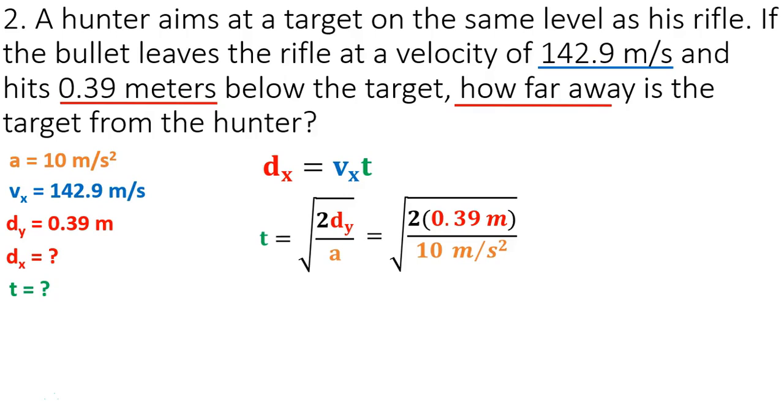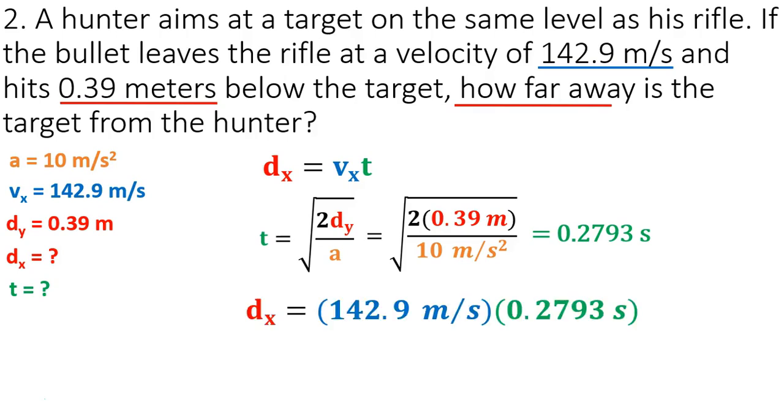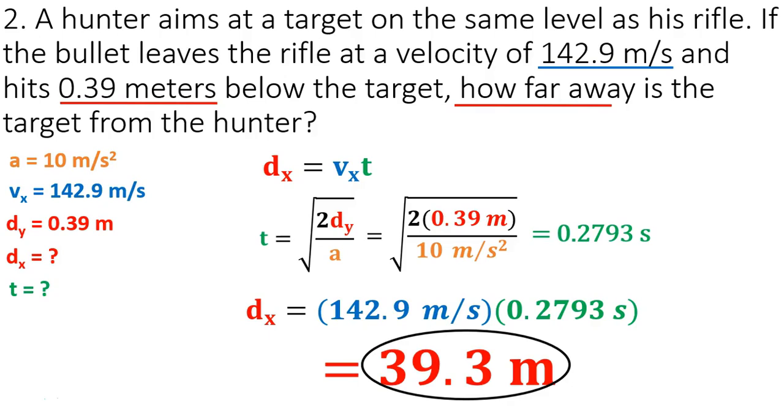When you plug in your values, 2 times 0.39 meters divided by 10 meters per second squared, you get 0.2793 seconds. Now we can go back to our original equation, plug in the values that we know again, and we get a horizontal displacement of dx of 39.3 meters.